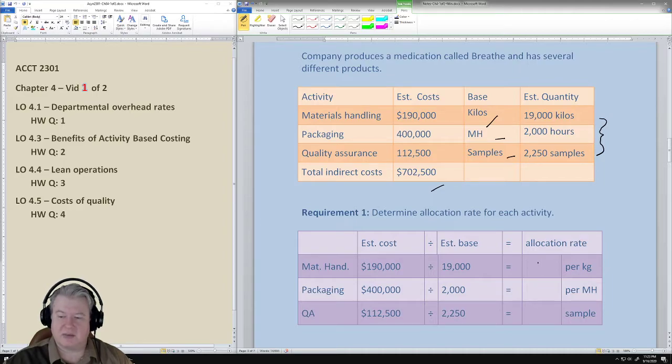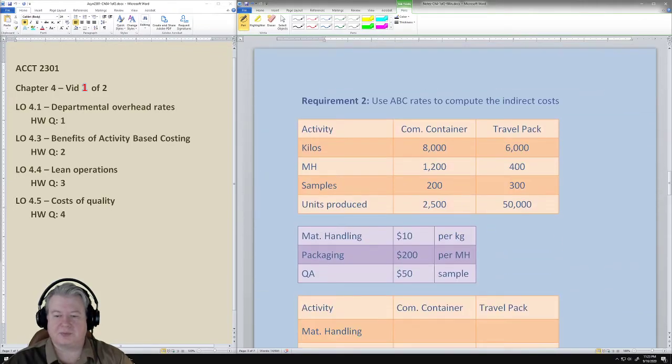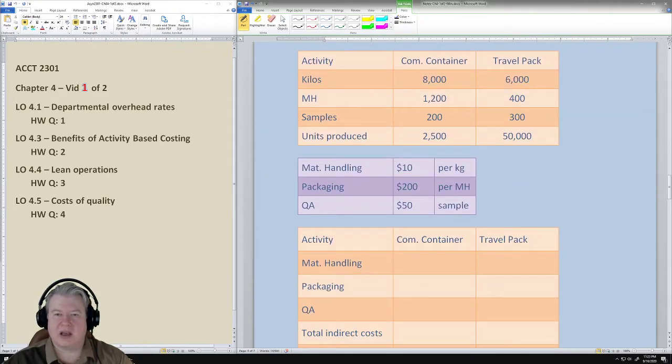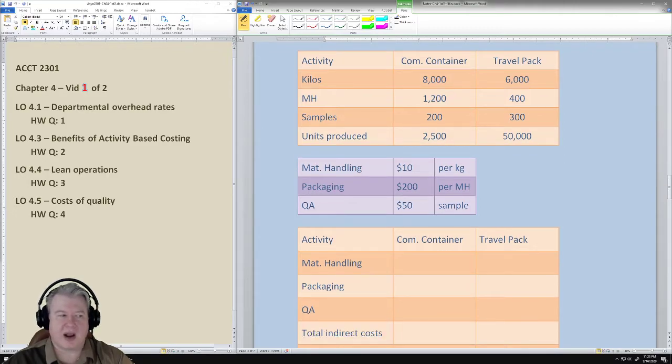So for material handling, we're going to add an additional $10 in indirect costs or overhead per kilogram, and so on and so forth. We can go through and look at each of these, and what we're doing is figuring out an allocation rate for each category, each of these departments, each of these smaller groups. Okay, so we're going to use these rates that we just found to compute the indirect costs.